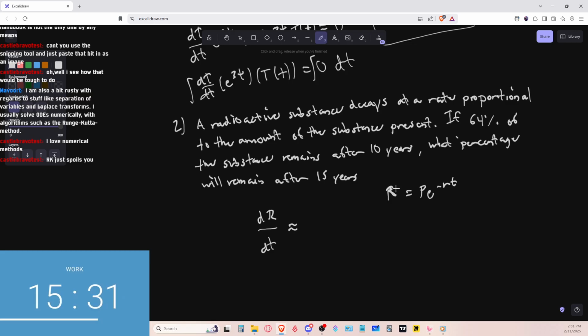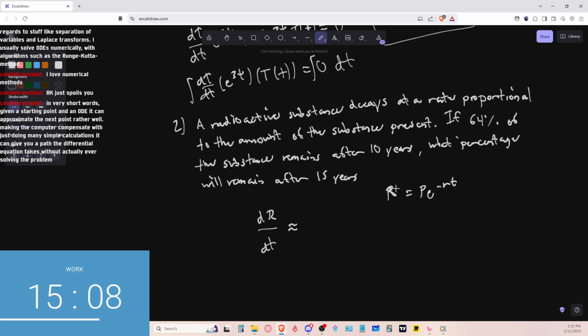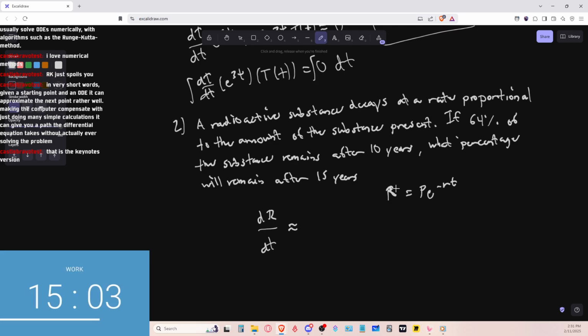We just don't know the original substance, but it says 64% of the substance remains after 10 years. So 64 after 10 years. So let's just change this and make it R. That makes it look nicer.